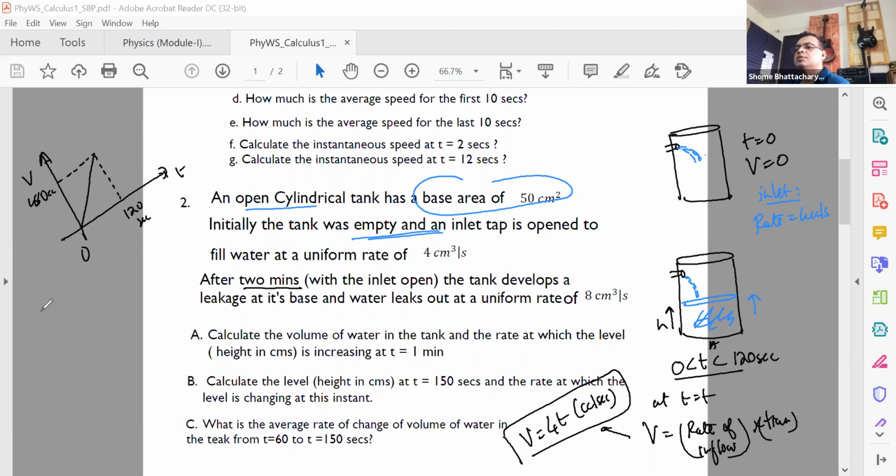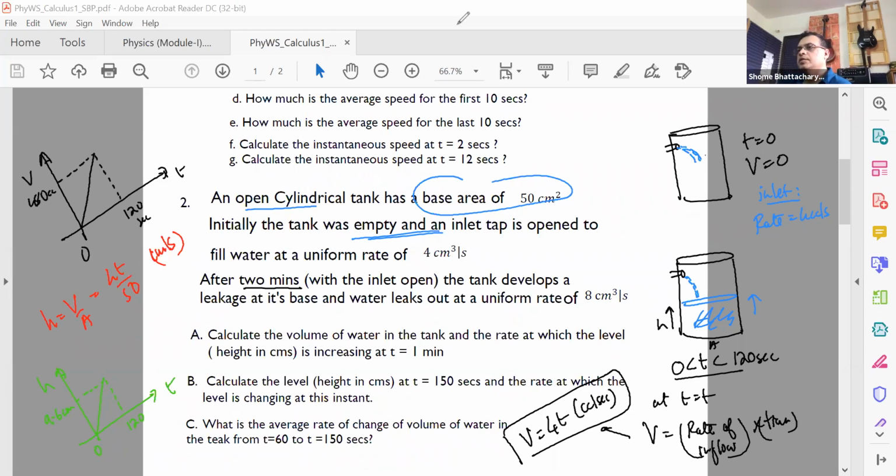Similarly, we can express the height as volume upon area, in centimeters per second. So the height of liquid in the tank versus time is also increasing at a uniform rate up to 120 seconds. And when you calculate this, you will see it will become 9.6 centimeters at t equal to 120 seconds. So far it is clear, I hope.